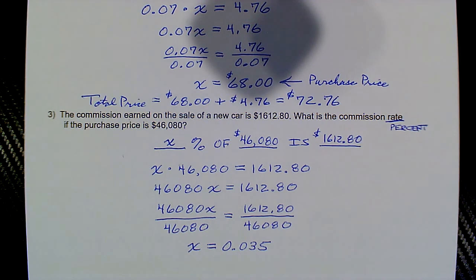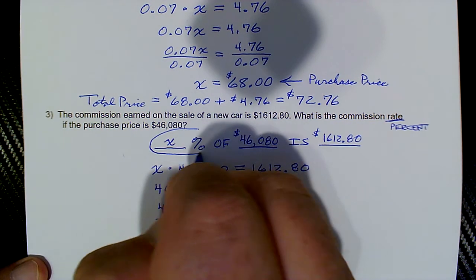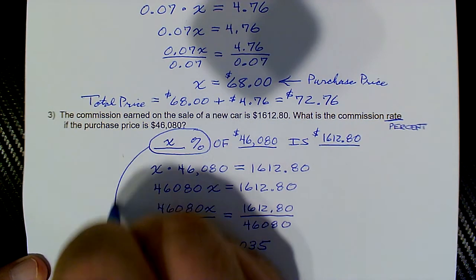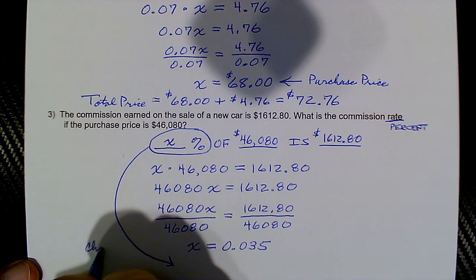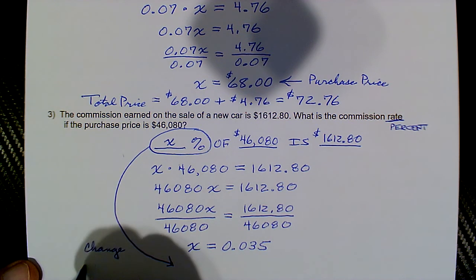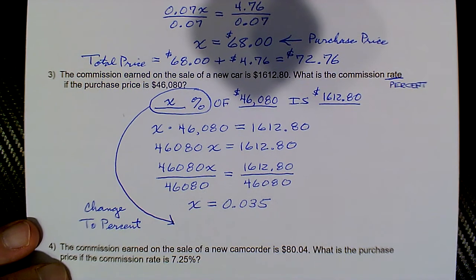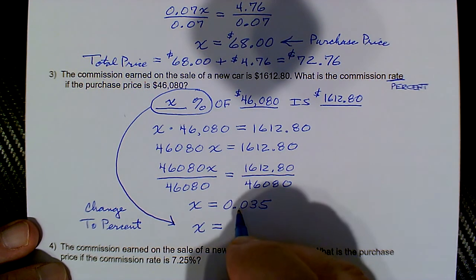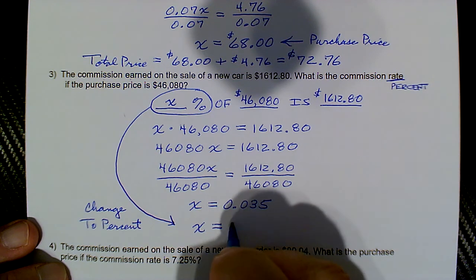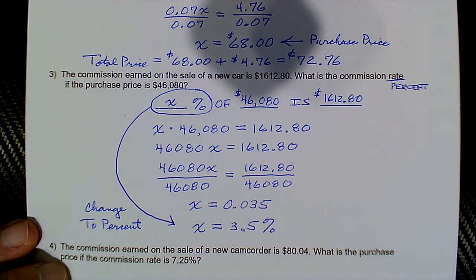But please remember, when using this method and you are solving for a percentage, that the decimal number that we get must be changed to a percent. And remember, we change a decimal to a percent by moving 2 places to the right. So 1, 2 brings us to 3.5, and we add the percent symbol.